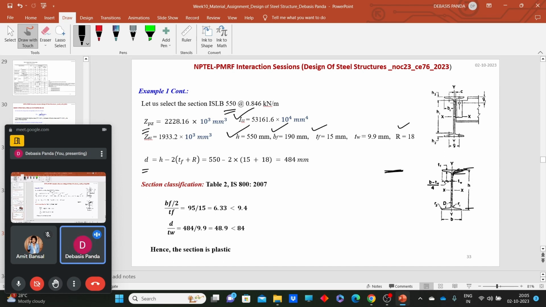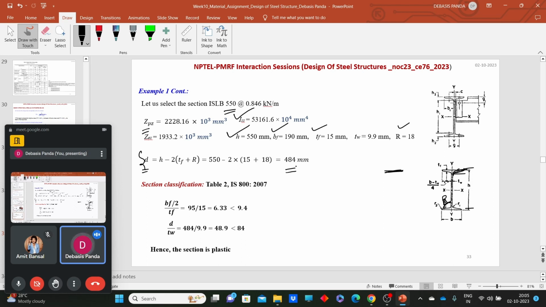Some curvature will be there. The root radius, here you can see that D or R, we can say here the root radius is there. So the effective depth for this web portion, we can calculate by this formula, H minus 2 into TF plus R, so that comes as 484 mm. So all the values we have.